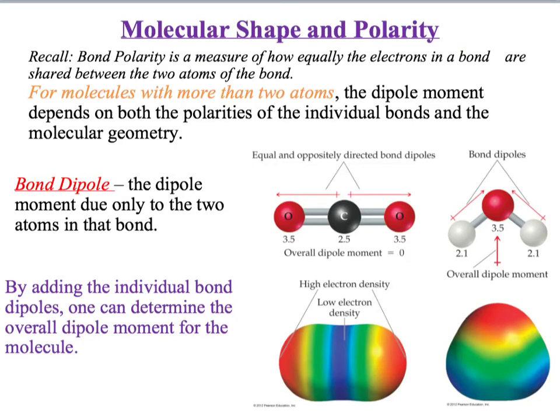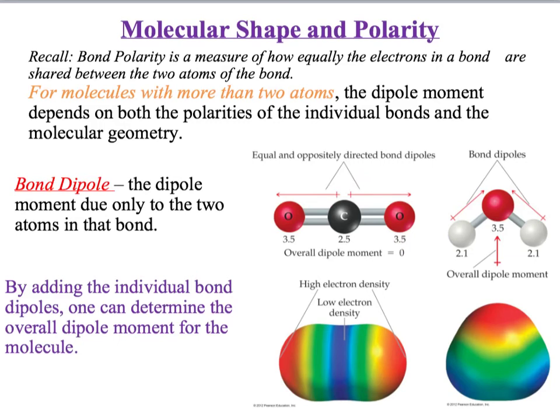If you remember, we talked about the bond dipole, which was the dipole moment due only to the 2 atoms in that bond. But if we look at something like CO2, shown here, there are 2 bond dipoles. One between this carbon and oxygen, and the other between this carbon and oxygen. We can add the individual bond dipoles and determine the overall dipole moment for the molecule.